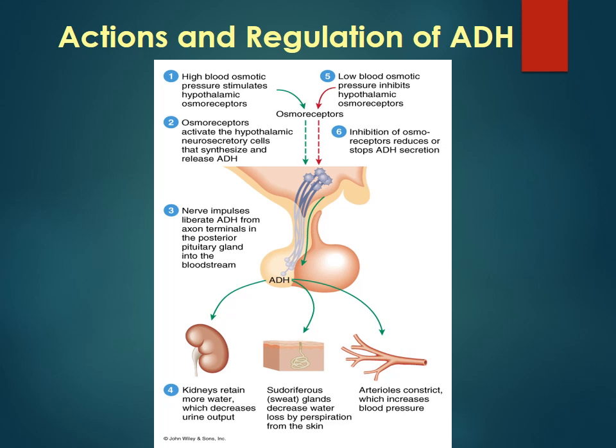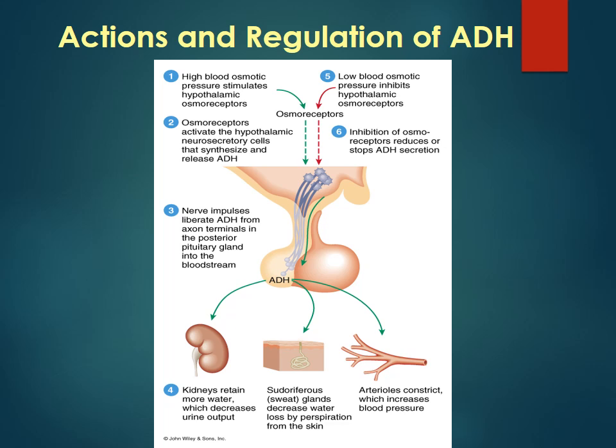So, what are the actions and regulation of ADH or antidiuretic hormone? First, high blood osmotic pressure stimulates hypothalamic osmoreceptors. And then osmoreceptors activate the hypothalamic neurosecretory cells that synthesize and release ADH. Then nerve impulses liberate ADH from axon terminals in the posterior pituitary gland into the bloodstream. And then its effects.